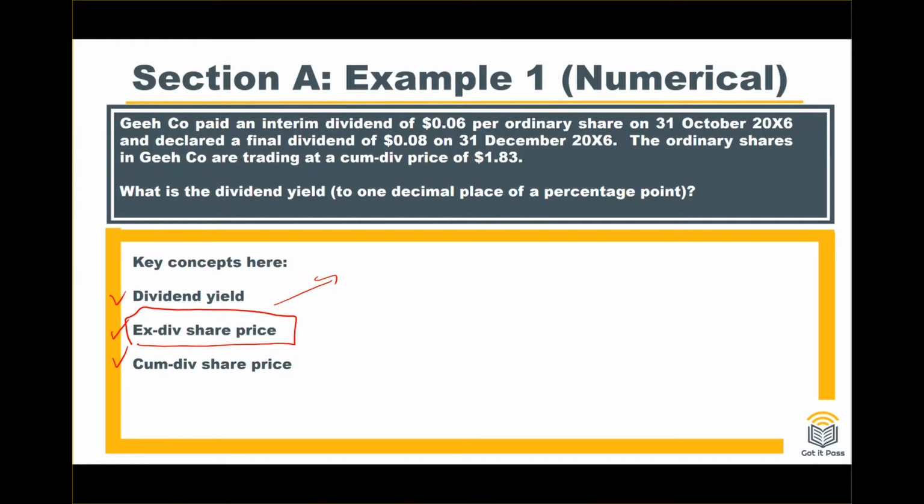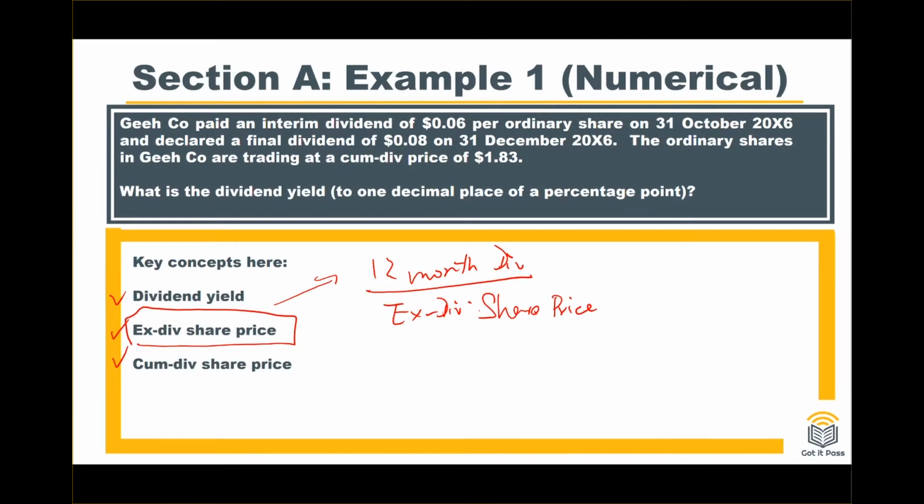So you have to know how to calculate the dividend yield. For dividend yield, it's the 12-month dividend divided by the ex-dividend share price.